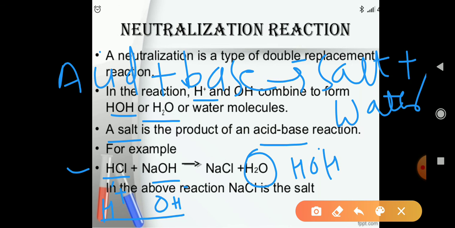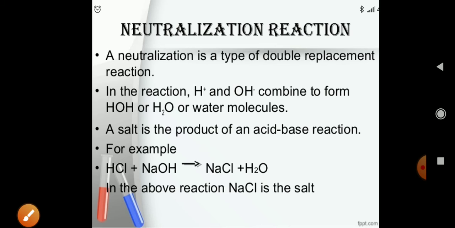This HOH is nothing but water. The remaining product is Na and Cl, that is NaCl. This NaCl is the salt and H2O is water. So neutralization is a reaction between acid and base to form salt and water, and it is a type of double displacement reaction.